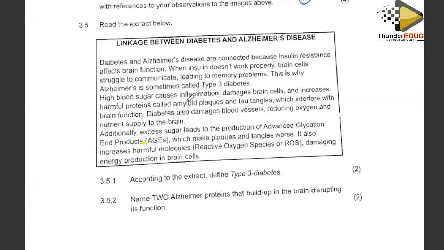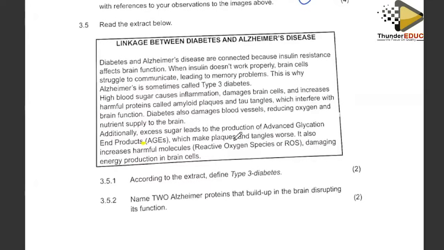High blood sugar causes inflammation, damages brain cells, and increases the harmful proteins called amyloid plaque and tangles, which interfere with the brain function. Diabetes also damages the blood vessels, reducing oxygen and nutrient supply to the brain.